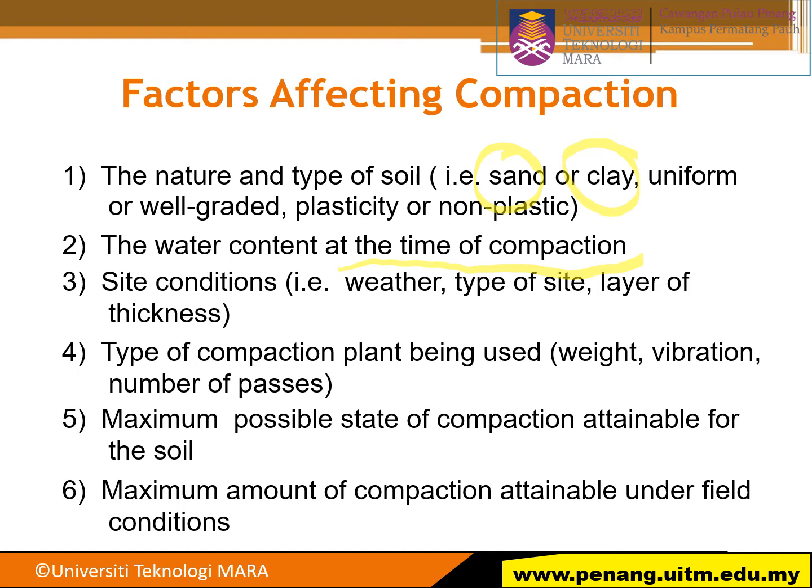Okay, when you increase the number of passes, the compaction will be better. Okay, and then the maximum possible state of compaction attainable for the soil. Alright, and the last one is the maximum amount of compaction attainable under field conditions. Okay, different amounts of compaction will give you different compaction values, right?